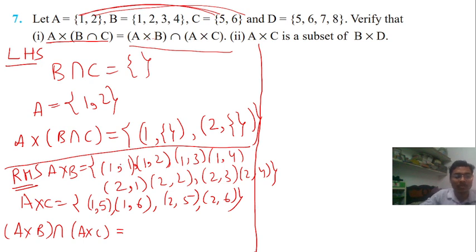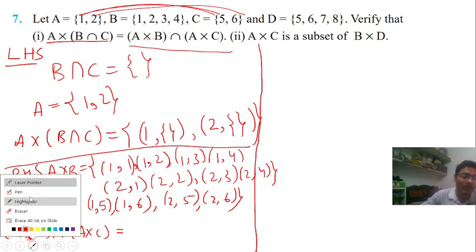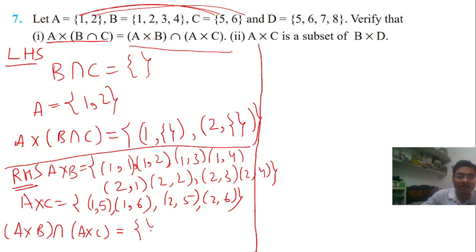For example, 1, 1 is here in A cross B, but 1, 1 is not in the set A cross C. 1, 4 is here, and 1, 4 is not here in the set A cross C. So ultimately you will get nothing, just an empty bracket. So these are equal because set B has a phi set. The multiplying of any phi set with a set is also a phi set. This is also a phi set, and this is also a phi set. So that's why the first result is verified.